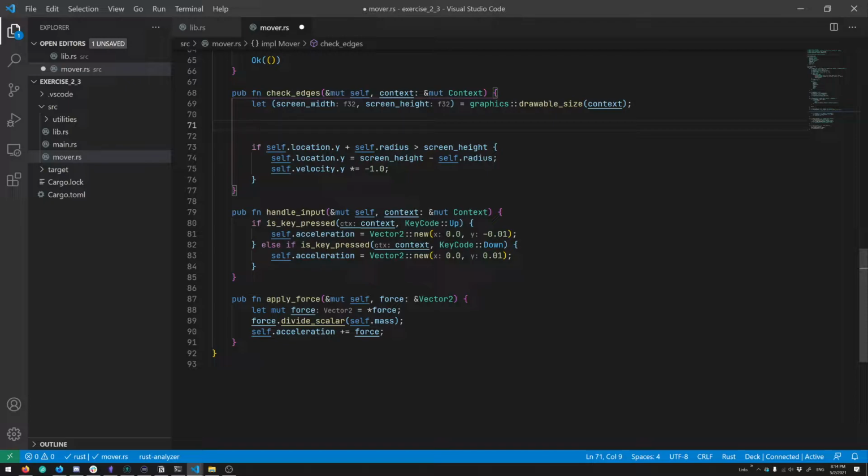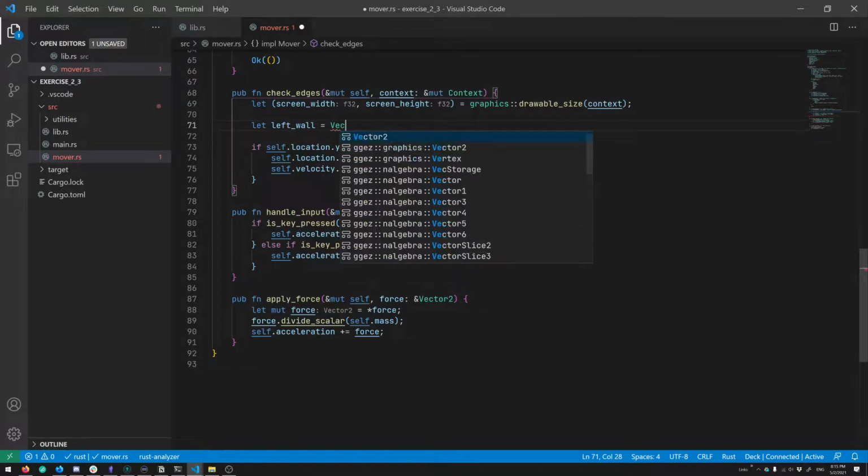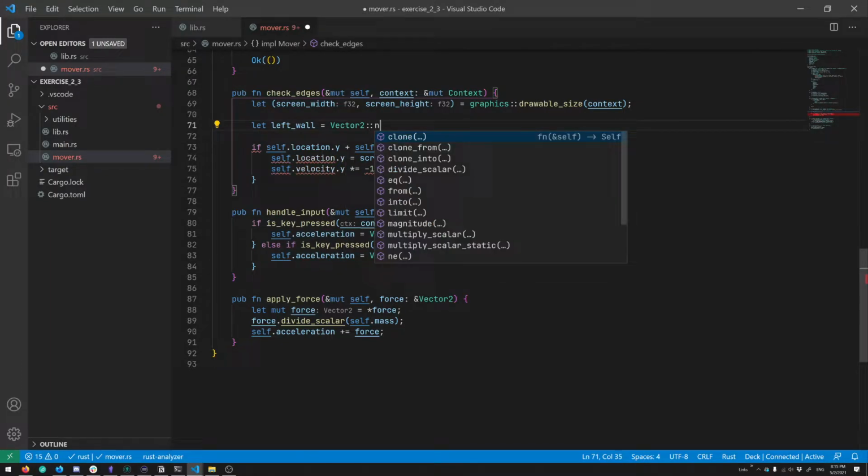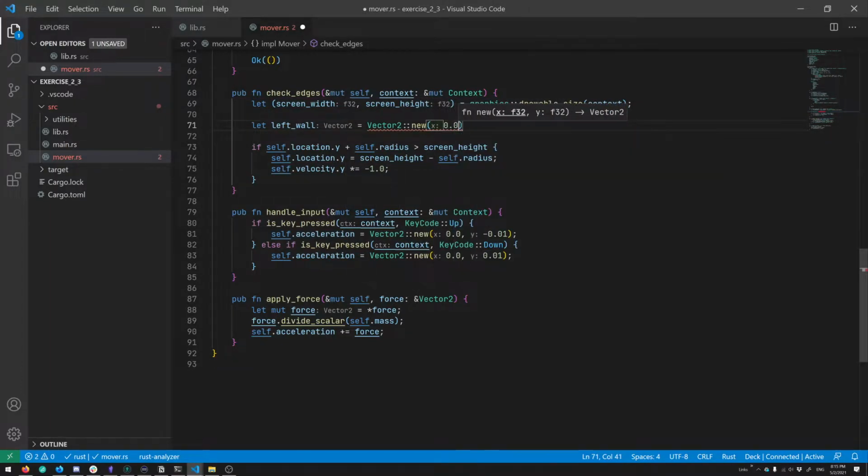So if I get the exact distance to the left-hand wall, basically a vector of exactly where it is in the y, but with a 0 value for x, let's just create that. Let's create left wall, and this is going to be equal to a new vector 2, 0.0 for the x, and self.location.y for our y.